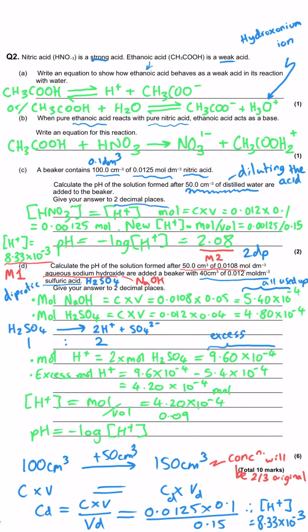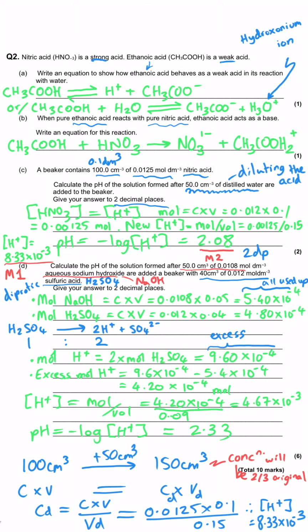Once I've run the numbers, this gives me a hydrogen ion concentration of 4.67 times 10 to the minus 3. And then last of all, we negative log that value, which will give me a pH of 2.33 to 2 decimal places.